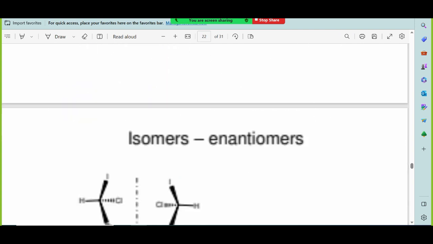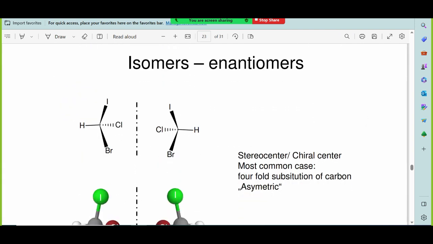Now, another type of isomers is called an enantiomer, and here you have a mirror image. But this mirror image, you know, when you have a mirror image in a plane, in one plane, not in 3D, if you fold this on top of this, you get the same structure again.